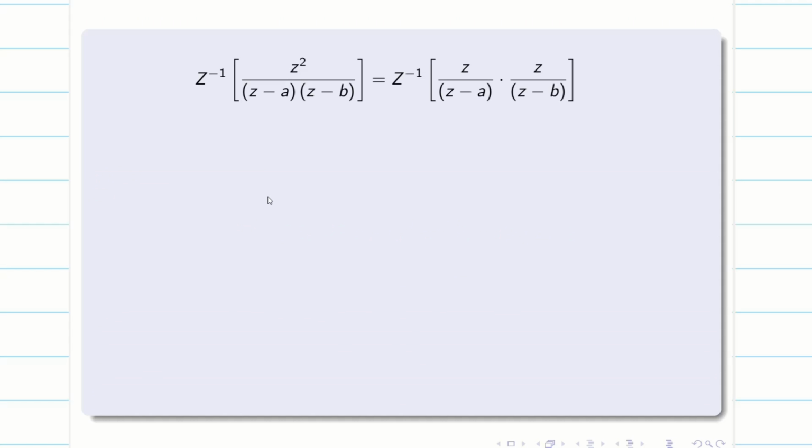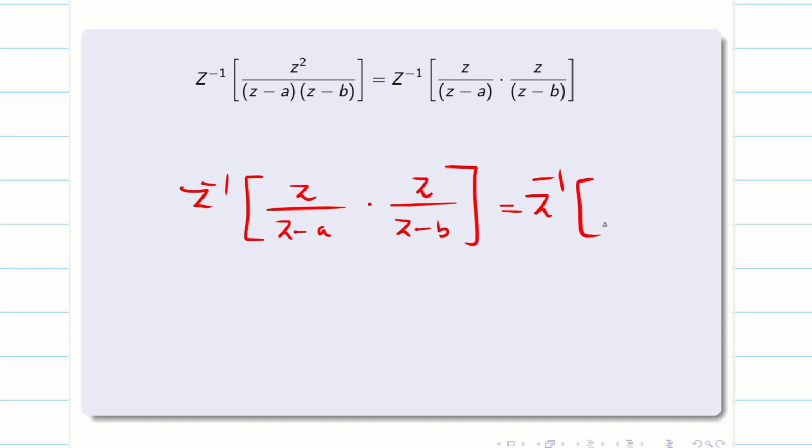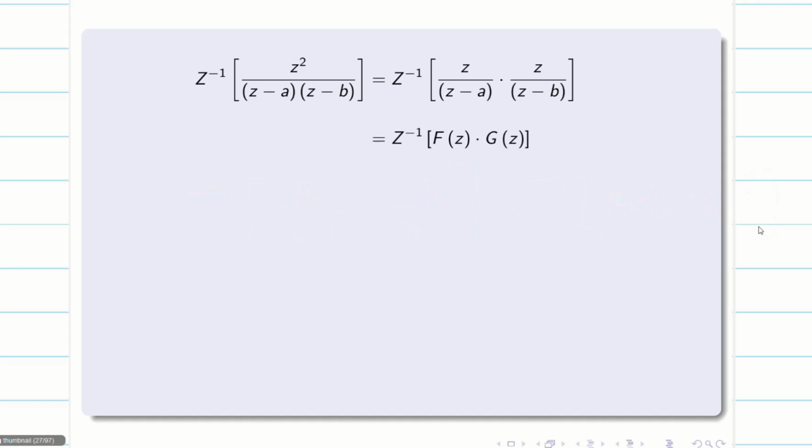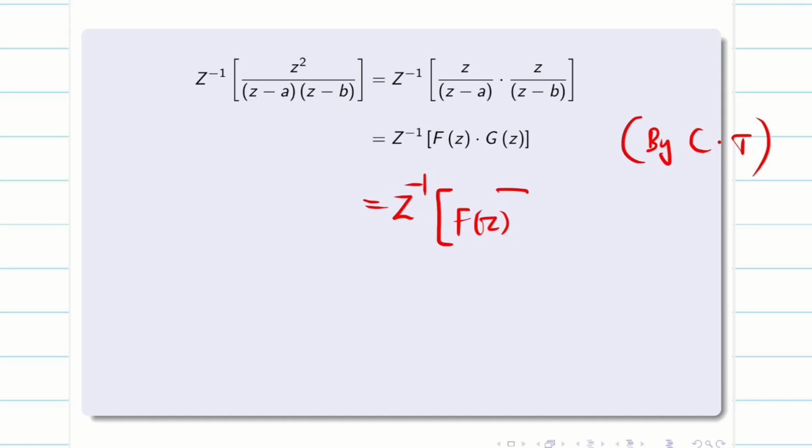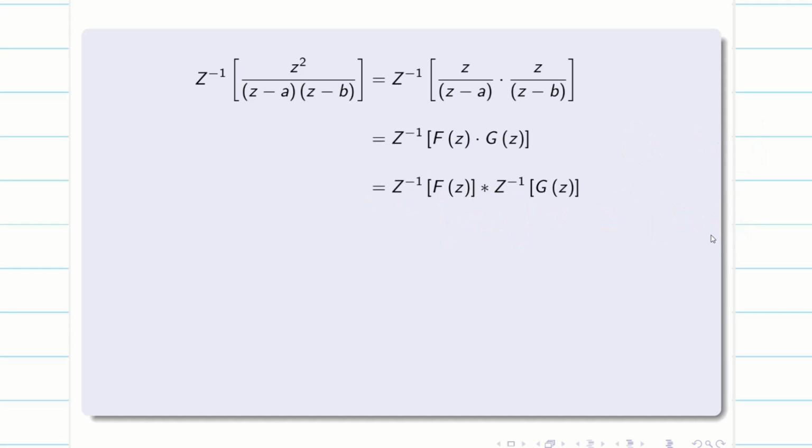Now we have Z inverse of Z square by Z minus A into Z minus B. This can be split as Z by Z minus A into Z by Z minus B. It looks like Z inverse of capital F of Z into G of Z. Now applying convolution theorem, this is equal to Z inverse of F of Z star Z inverse of G of Z. Now substitute the values.